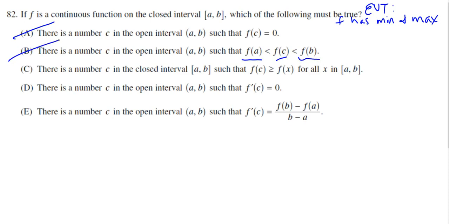Okay, there's a number c in the closed interval AB such that the y value there is greater than or equal to all of the other y values. I think that's it. That's what it means to be a max, right? That y value is larger, bigger, than all the others. And that is it. Okay? So for your work shown, I want you to write what I wrote up here.